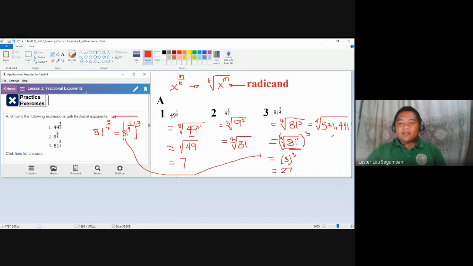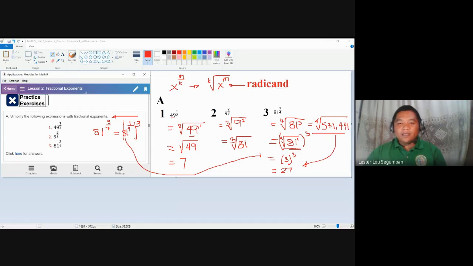If you have calculators there, I would ask you to check if it's really equal to 27. I will give you probably an amount of time to determine whether they are really equal. Is 27 the value of the fourth root of 531,441? Or you could do it the reverse way.